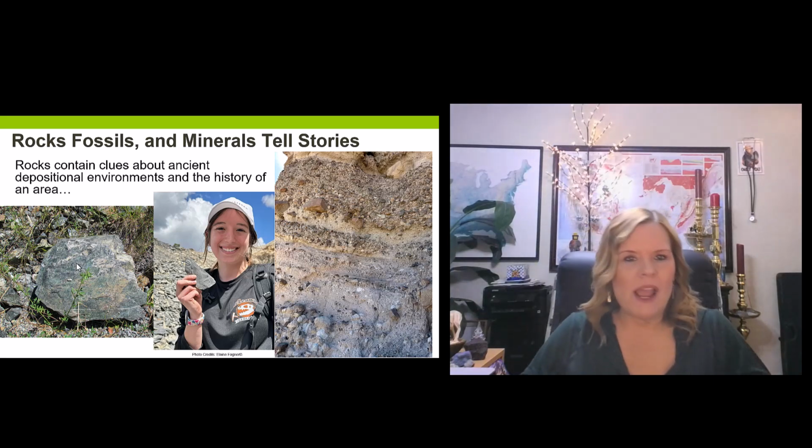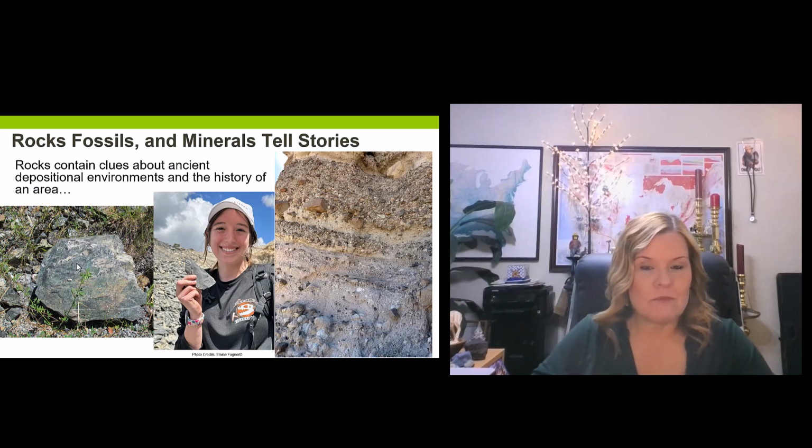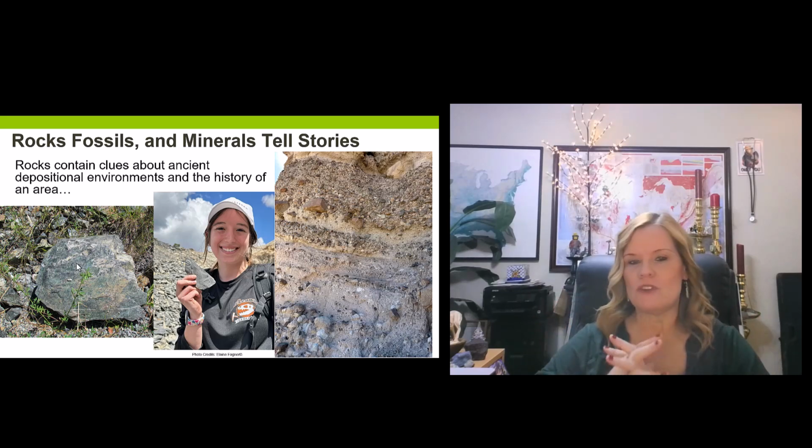So why I share that is sometimes you just find a random rock or a fossil, maybe on the bank of a river. That could have just been a random deposition event. But when you start finding many of them in the same place, like you see my student on field course, this is Neely. She gave me permission to use photos, so I'm going to use this one. It's a great find.